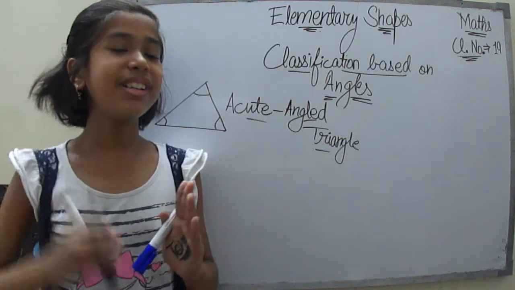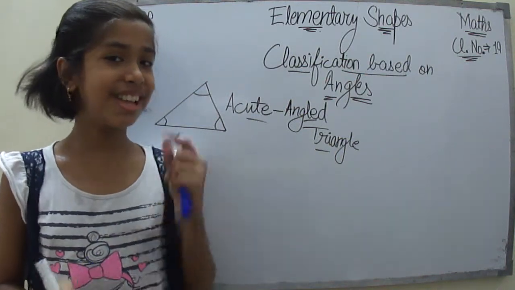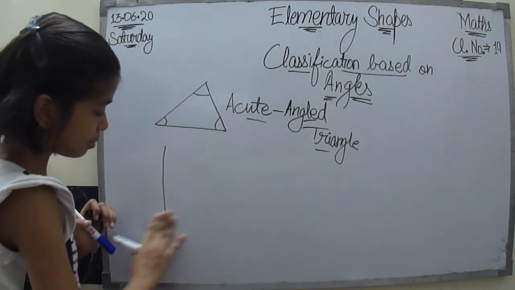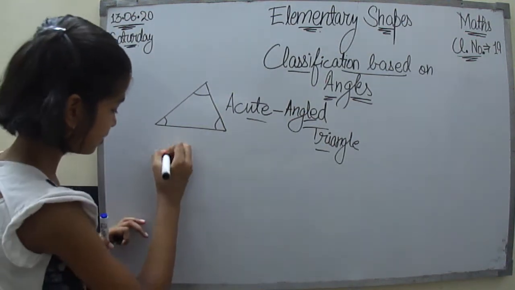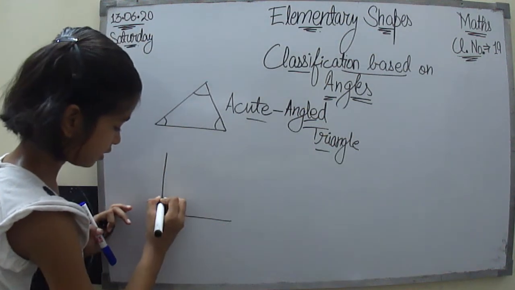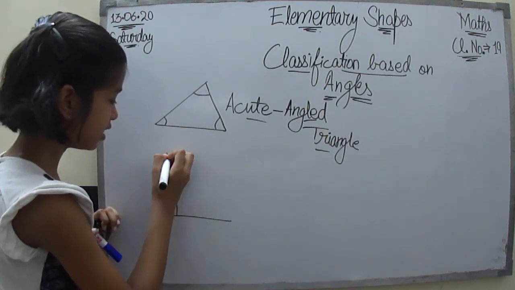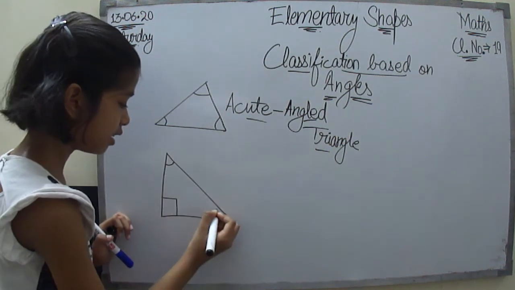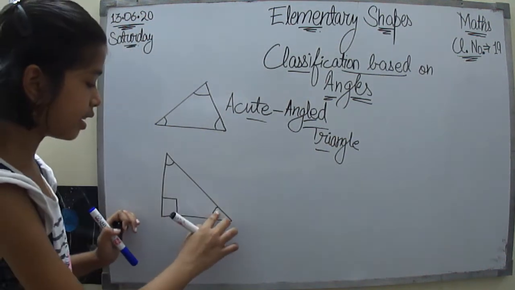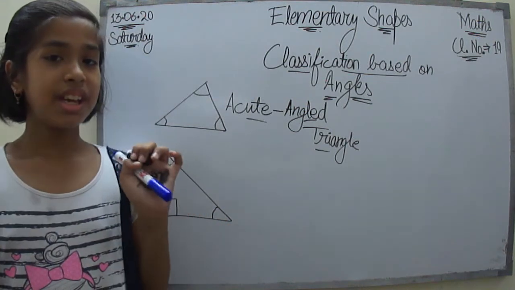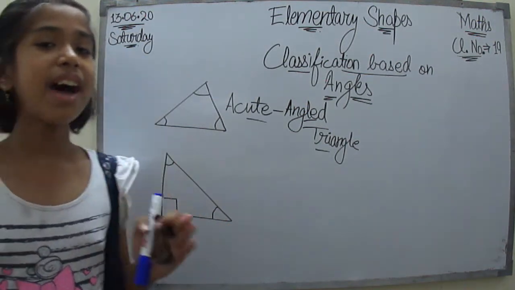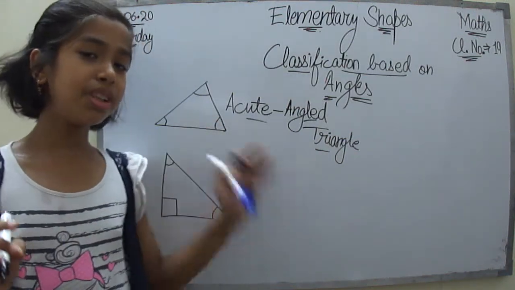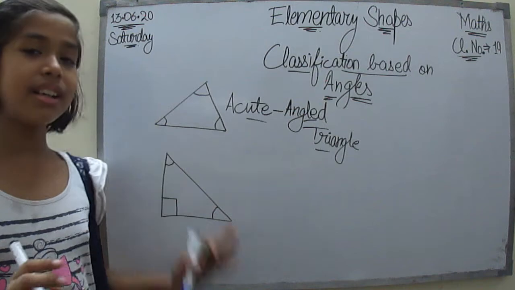Now let's see some more. We talked about a triangle with a right angle. Let's draw that. The triangle with the right angle will look something like this, with a right angle. Now, this is definite. If we have a triangle with a 90 degree angle, what will the other two angles be?